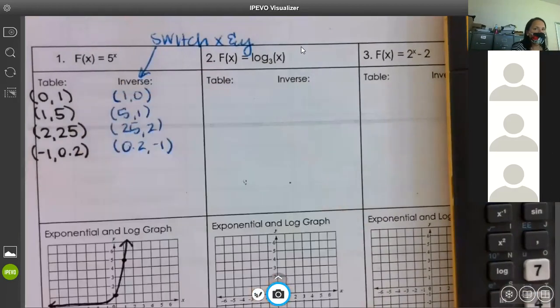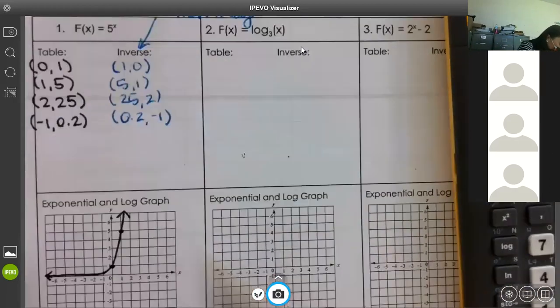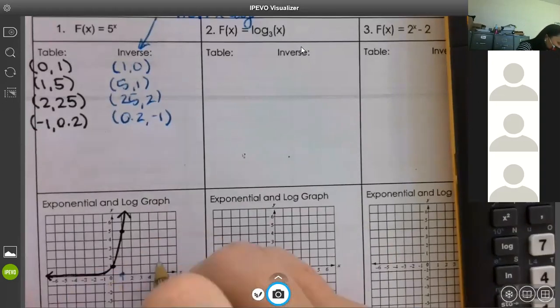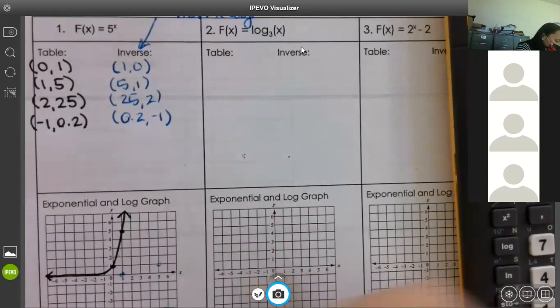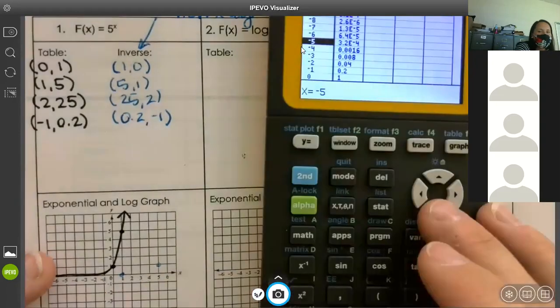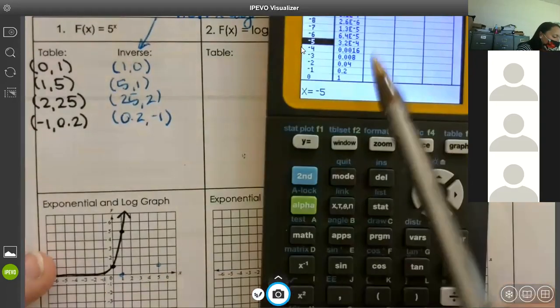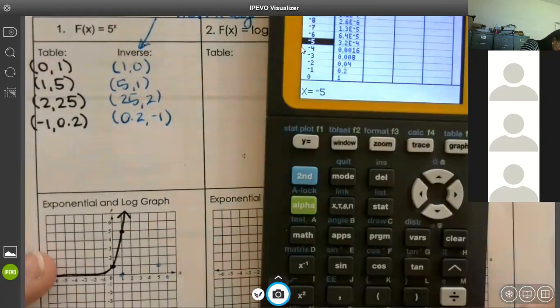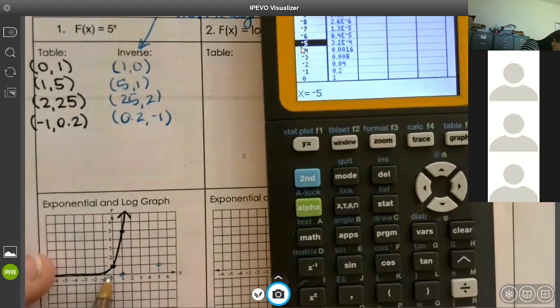I'm going to graph those. 1, 0. 5, 1. I can't do 25, 2. I can do negative 1, 0.2. If I keep looking and switching them, 0.04, negative 2. Sorry, 0.2, negative 1 should be right here.